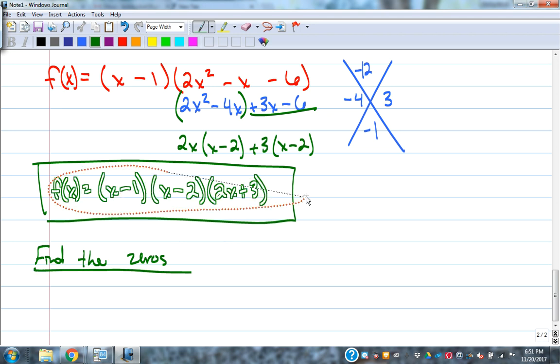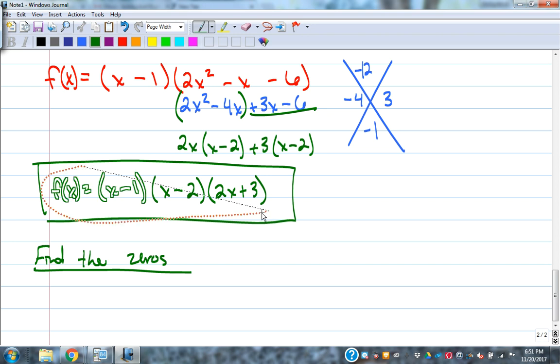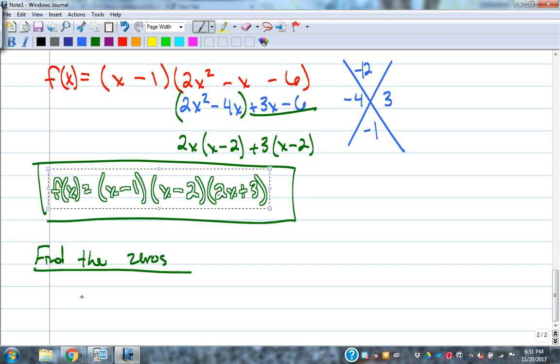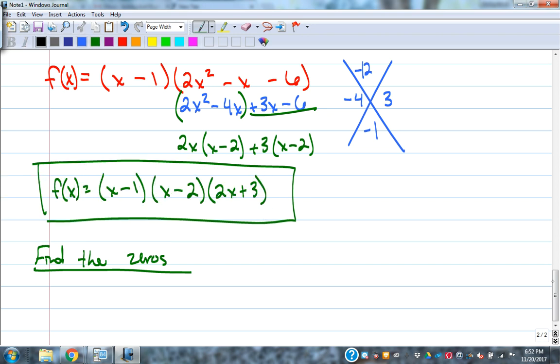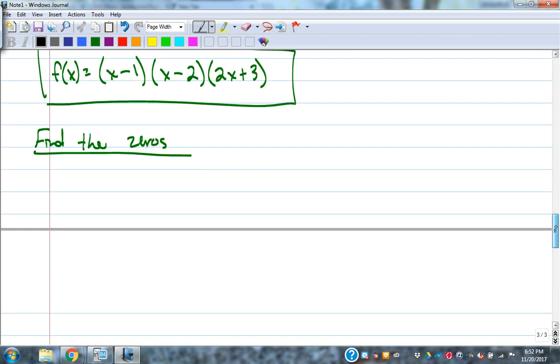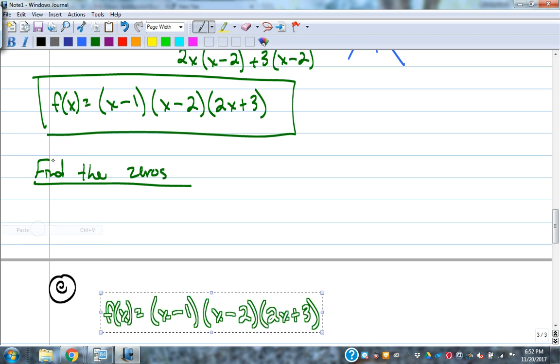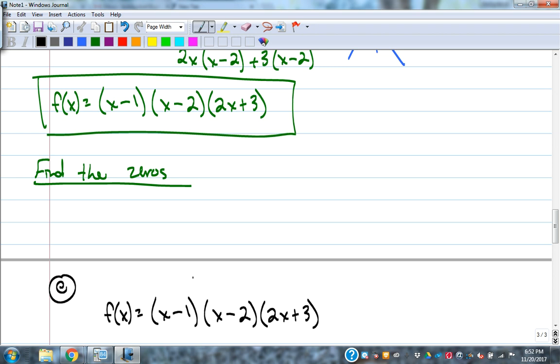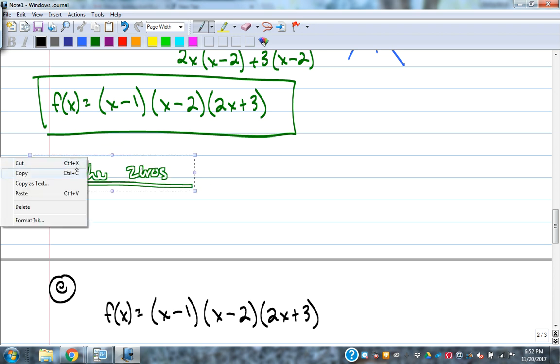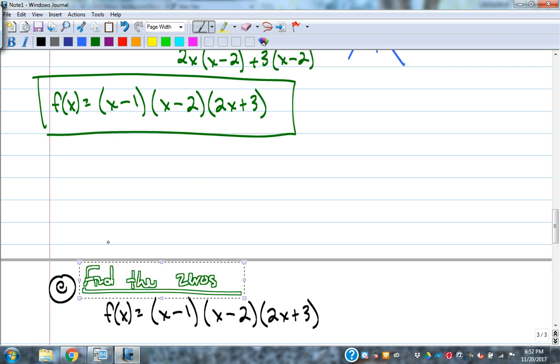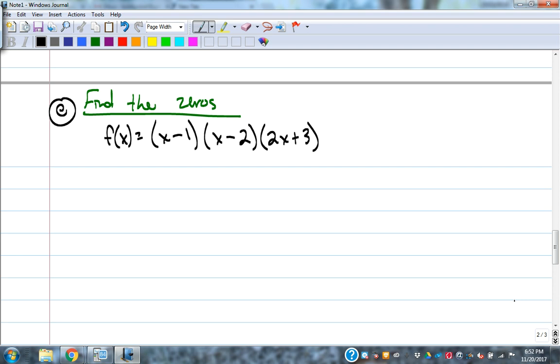We're just going to take this polynomial and make that example E. We're going to find the zeros of that polynomial. Finding the zeros just means take the thing and set it equal to 0.